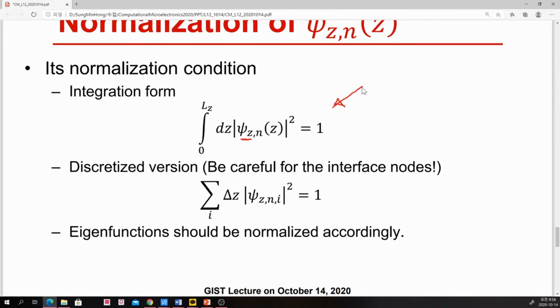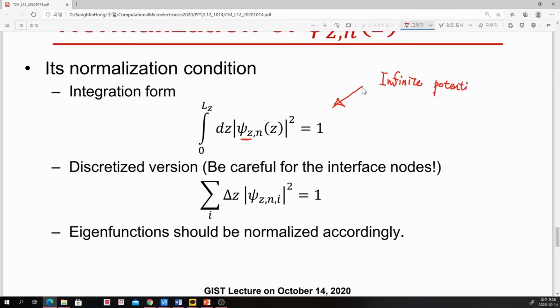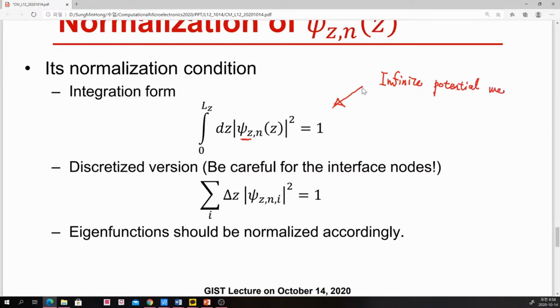Previously, when we considered the infinite potential well problem, we had the analytic solution, so it was quite straightforward to satisfy this normalization condition.